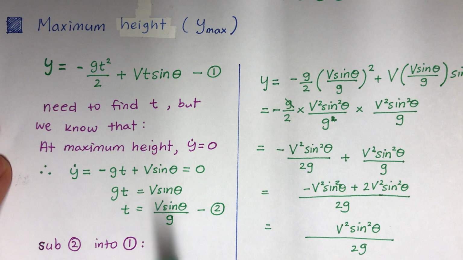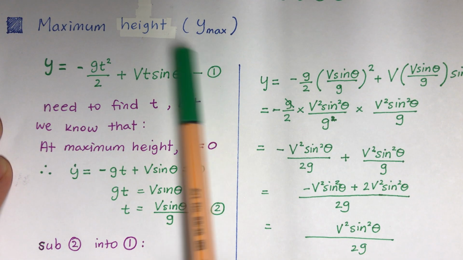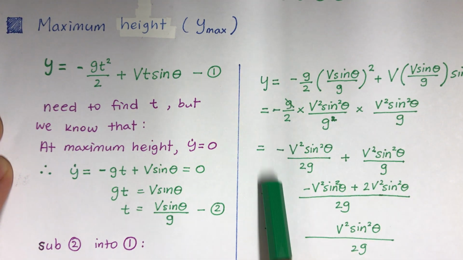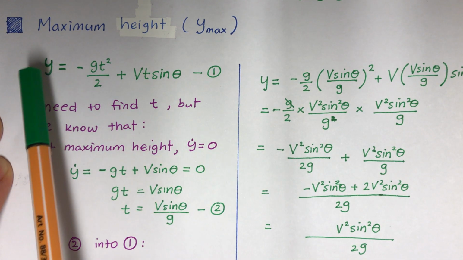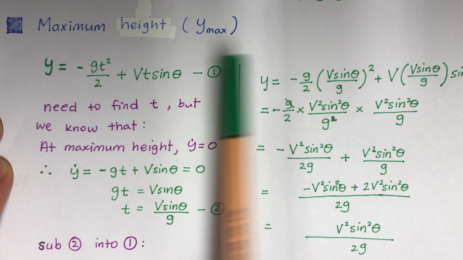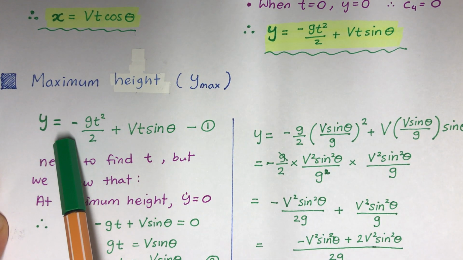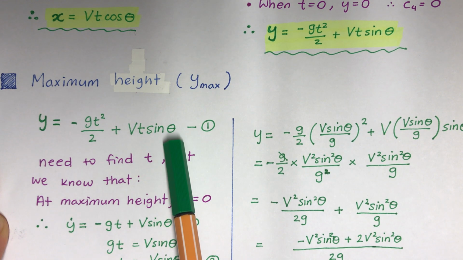Now, maximum height. Obviously the height concerns the y-axis, so we're going to use the one that we just found: y equals minus gt squared over 2 plus vt sine theta.